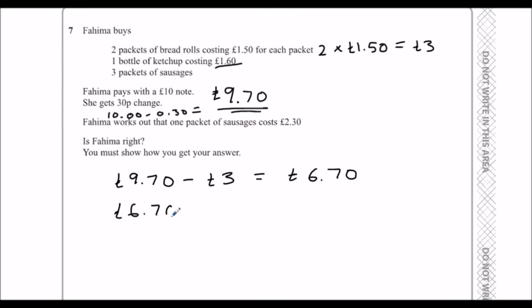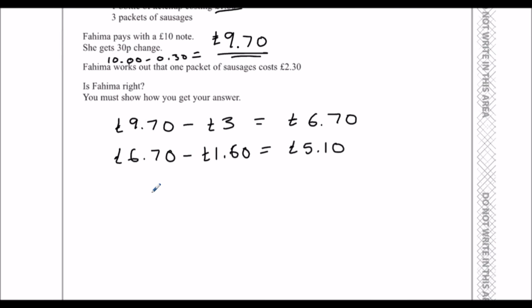So £6.70, take away £1.60. If I take off 60p, that's £6.10, and then take off a pound, £5.10. So I've got £5.10, and I know that is 3 packs of sausages. So £5.10 for 3 packs of sausages.